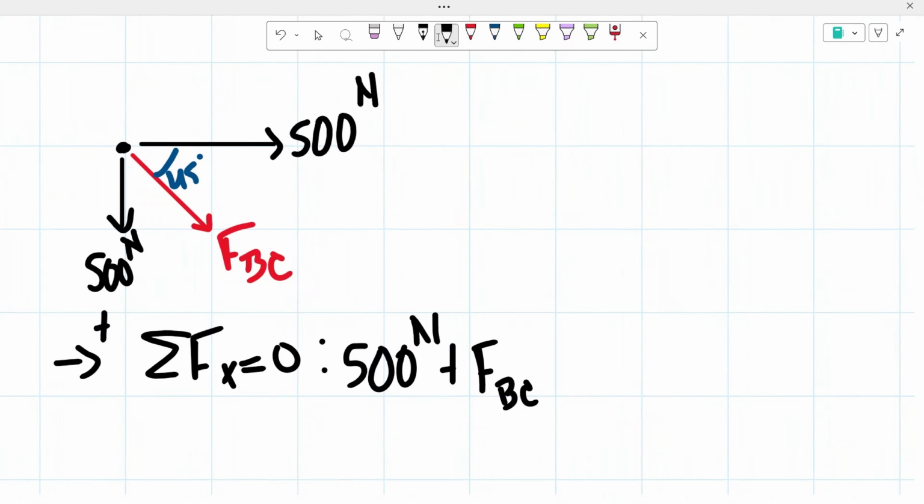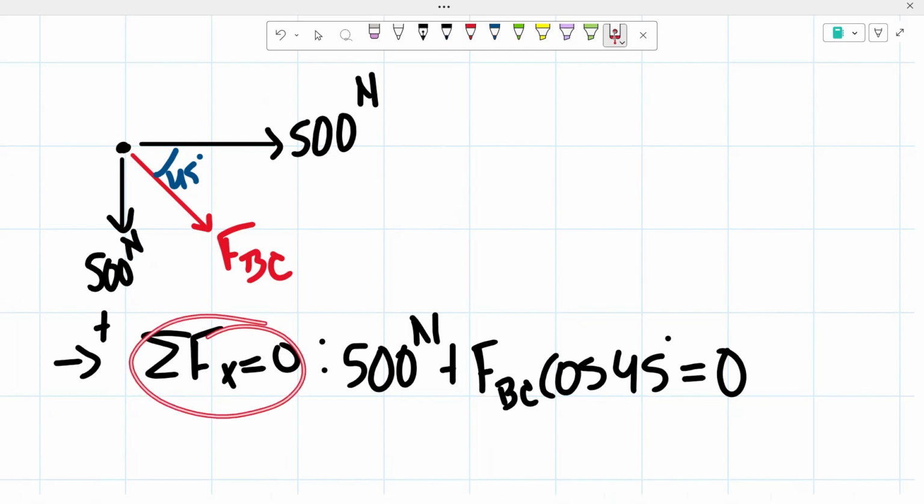And then remember, we're trying to determine the x component of it. As you guys can see, if this was a triangle right here, what we're working with is the adjacent side and the hypotenuse. So we'd be using cosine. So force BC times cosine of 45 is equal to 0. You could have done force BC times sine of 45, but remember, then you'd have to be taking the sum of the forces in the y direction.